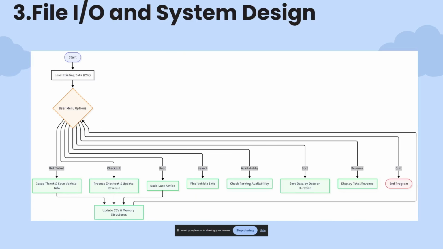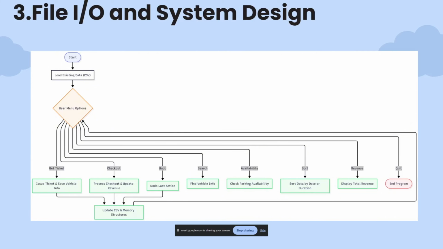And after knowing about file IO, CSV, we will find out about system design. When we run our program, there will be a menu that lists 9 options. The first one is get the ticket, and the second option is checking out. Third option, undo the previous action. Fourth is search for the record info based on ticket ID or plate number.